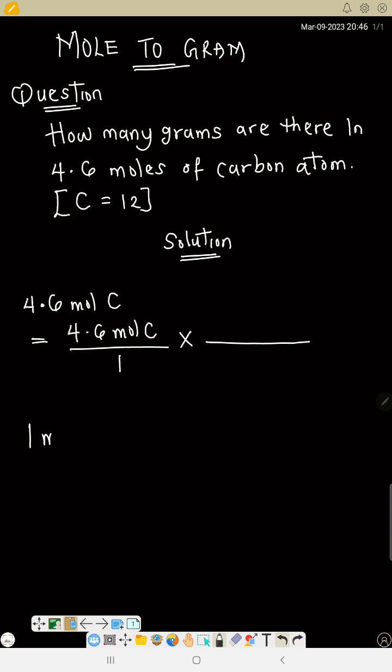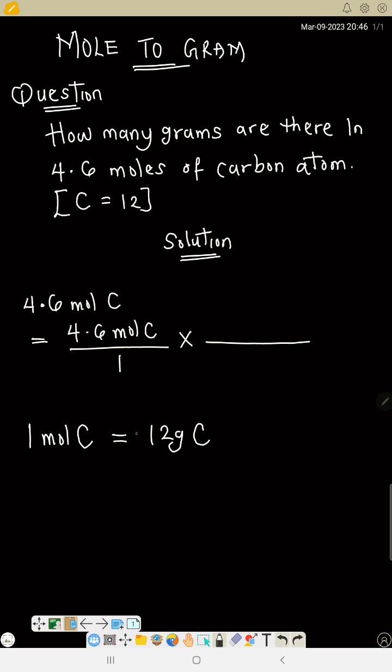I know that 1 mole of carbon is 12 gram of carbon, meaning the atomic mass of carbon is 12. If it is a molecule, you need to find the relative molecular mass. We'll still see that in another example. So 1 mole of carbon weighs 12 gram of carbon.